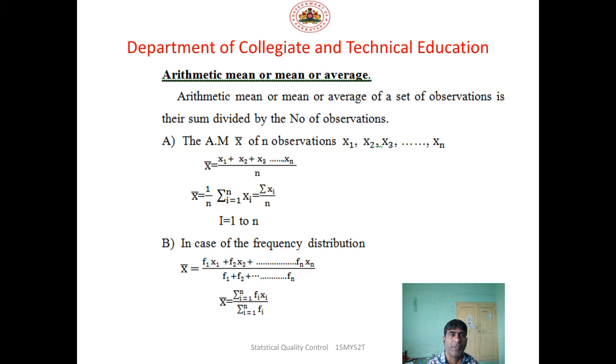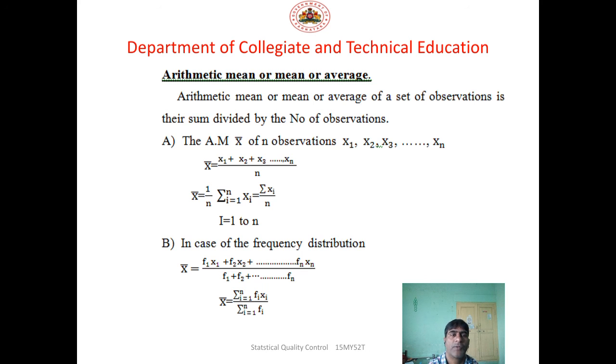It is the most simple, as you take the average of any numbers: you take the sum of all the numbers and divide by the total number of observations. Suppose take an example. Arithmetic mean we denote by x bar. The denotation is very important, x bar, for n number of observations I am going to take.